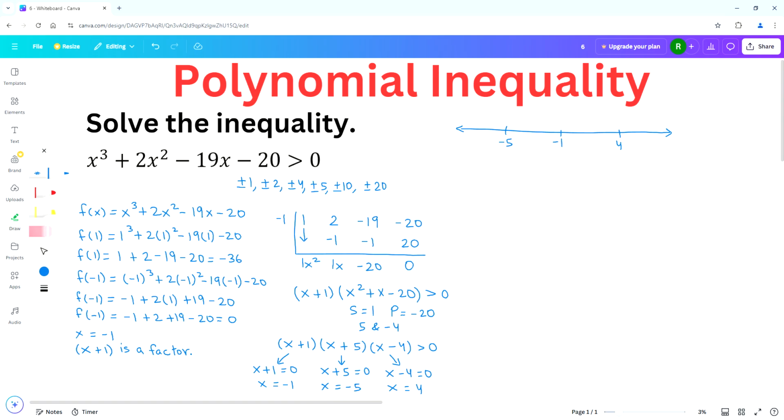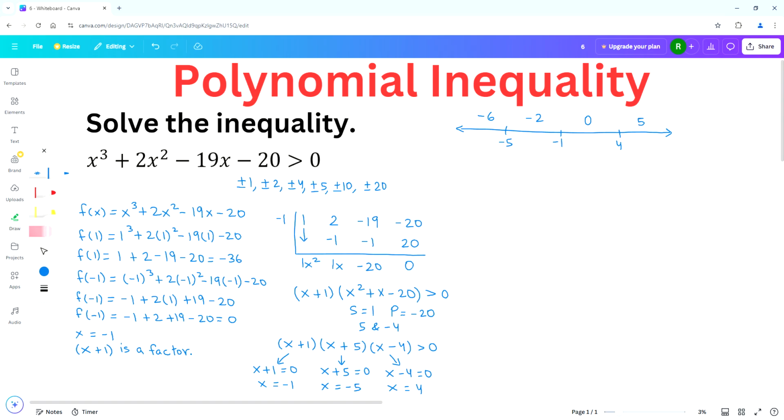We have to find which of these four parts satisfy the given inequality. We have to use a test value from each part. To the left side of negative 5, we can use the test value negative 6. Between negative 5 and negative 1, we can use the test value negative 2. Between negative 1 and 4, we can use the test value 0. To the right side of 4, we can use the test value 5.